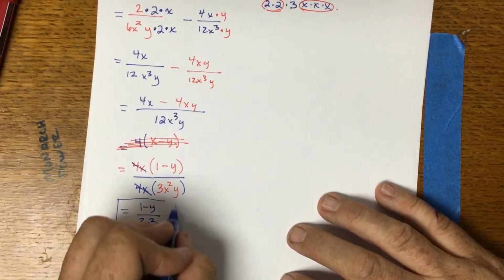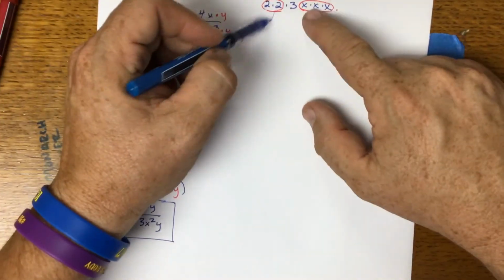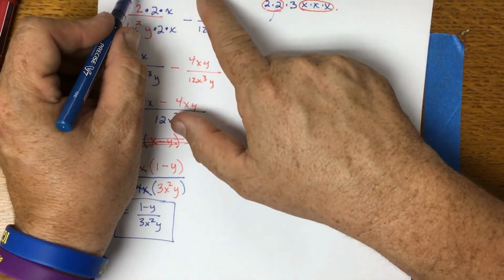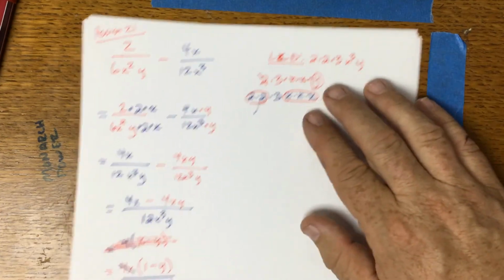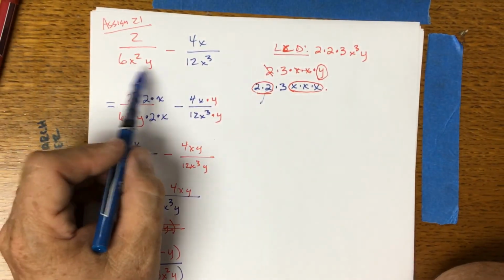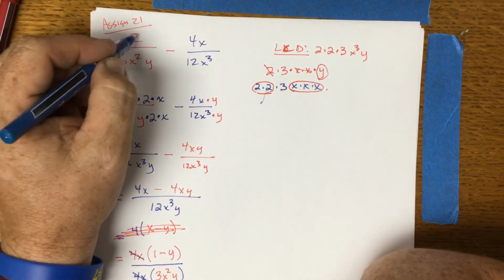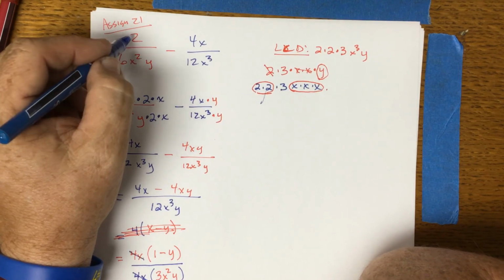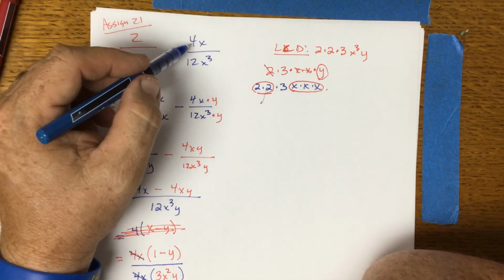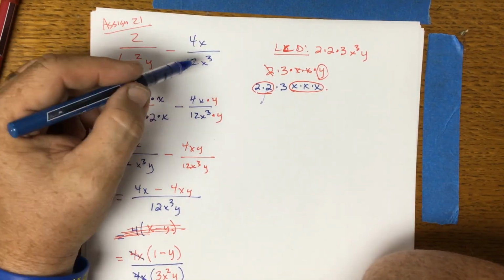So, bunch of different ways to tackle this. I found a lowest common denominator using the denominators that were given to me. You could also have simplified immediately here and done 1 over 3, and this could have been 1 over 3x squared.